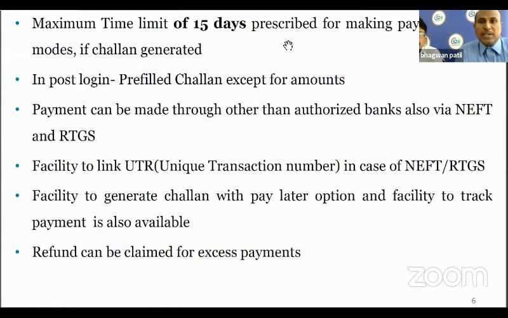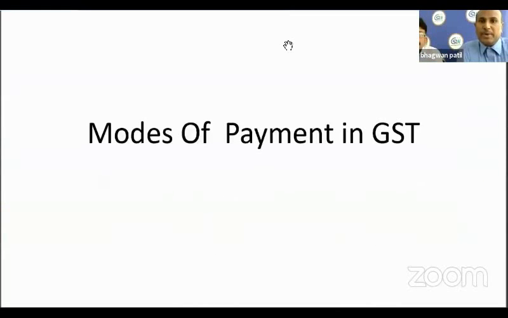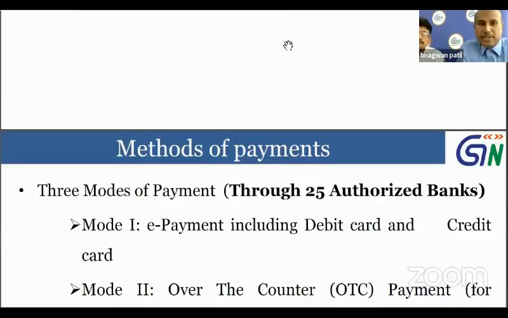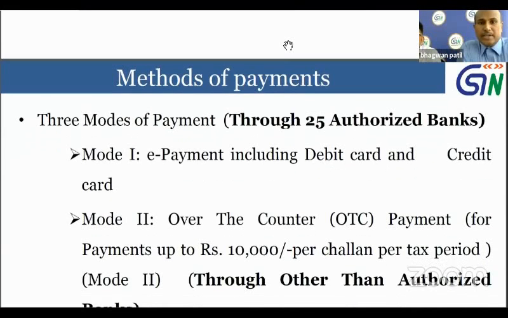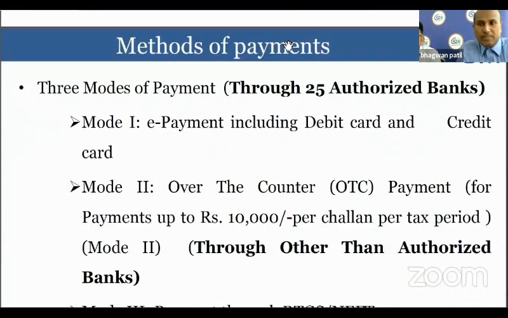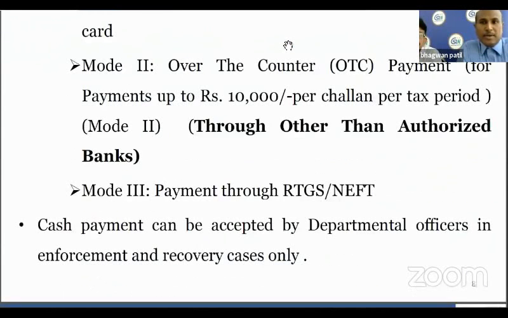Now we'll see about generation of challan and the process of payment. Workflow description: e-payment mode through 25 authorized banks, that is by internet banking or credit card or debit card. Generation of e-challan at the GST portal. So you'll have to use www.gst.gov.in, and then go to the payment challan creation.